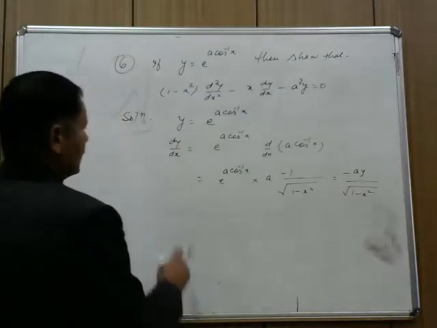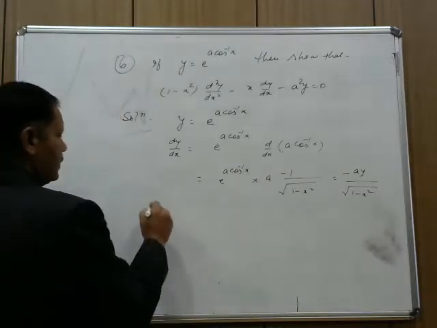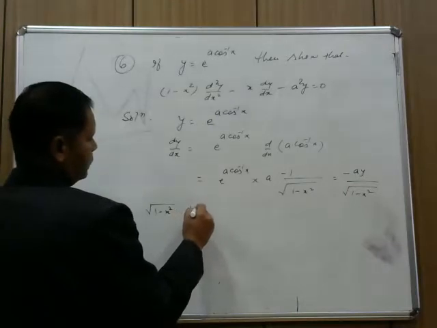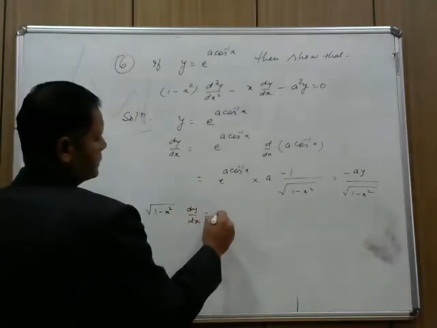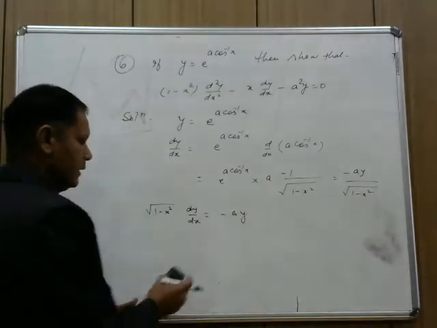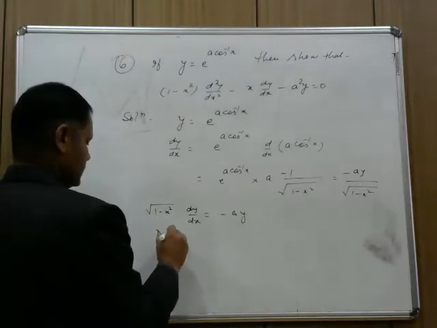So now minus a y upon under root 1 minus x square. Now dy by dx is equal to this, right? Now can I write under root 1 minus x square into dy by dx is equal to minus a y? Yes, we can write. Now differentiating again with respect to x.